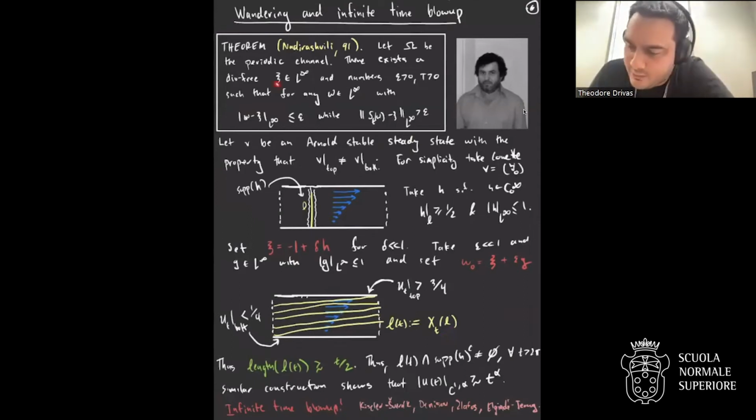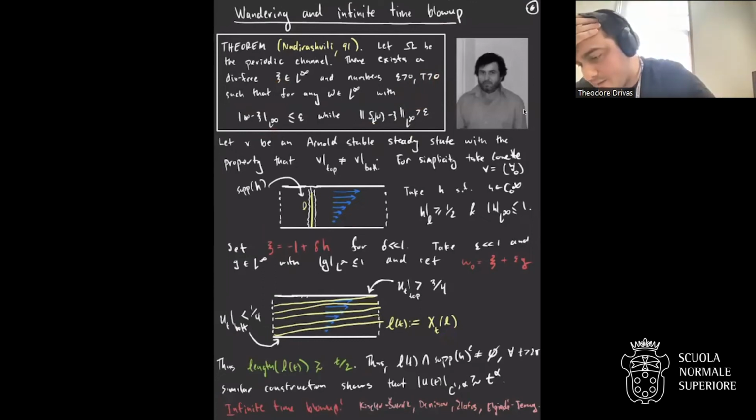So what he says is that there's a point in L-infinity, ξ, such that if you start at a neighborhood of that point in L-infinity, there's a later time where all orbits that start in the neighborhood leave it forever. Okay, so you start close, but then for all later times you leave it. And this point happens to be very close to Couette flow or some other Lyapunov stable shear flow in the domain. So it shows that the dynamics nearby these things, depending on what topology you look at them in, can look quite different at later times.